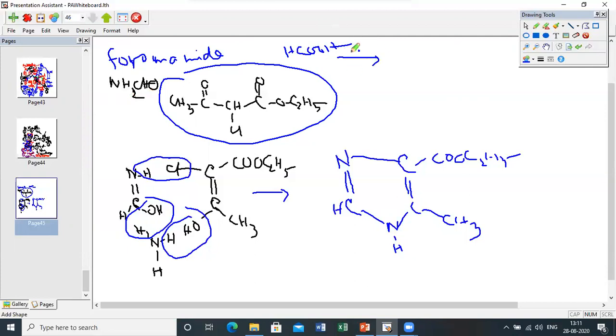If you do the amidation, it forms HCONH2, formamide, right? So taking this formamide, the nitrogen here is a source of one imidazolic nitrogen, and we are taking one ammonia. So formamide and ammonia.